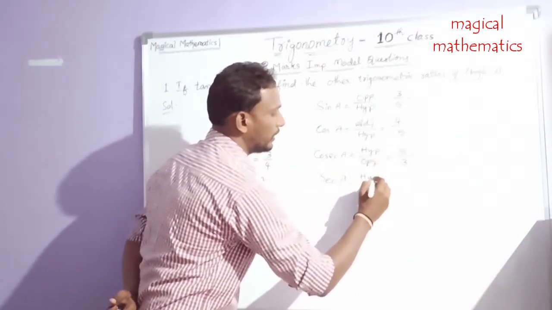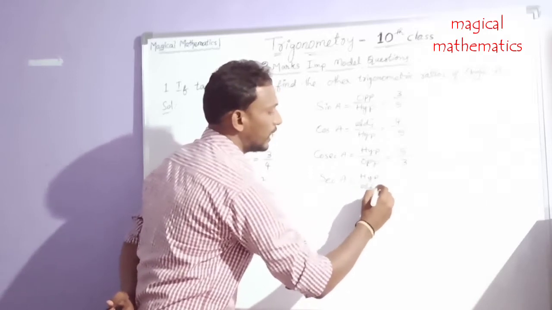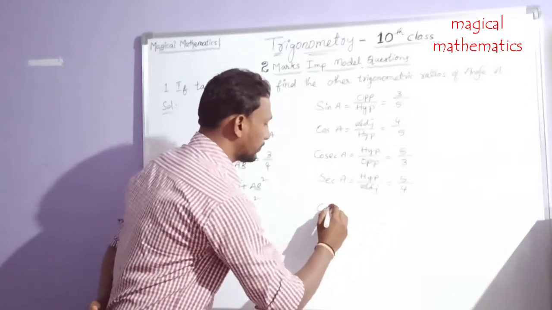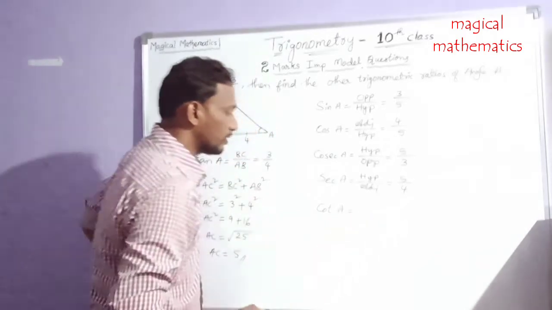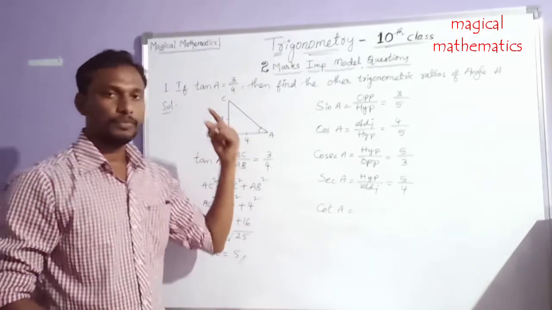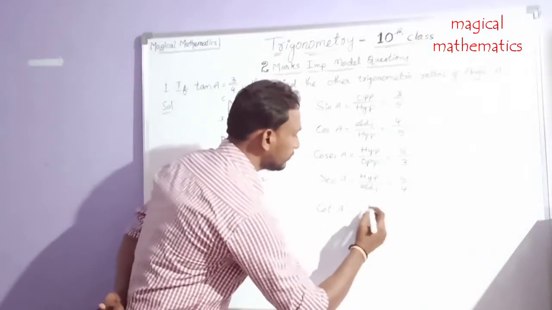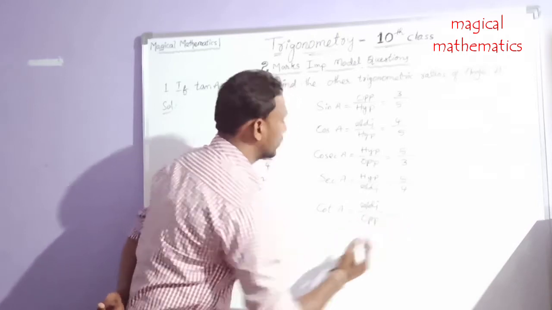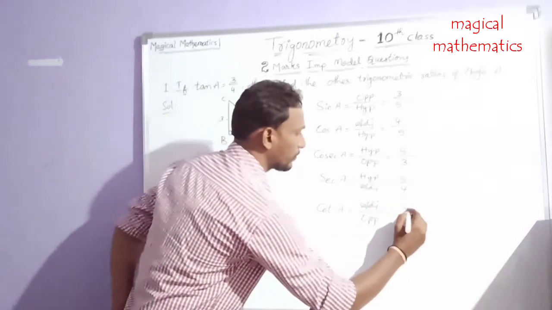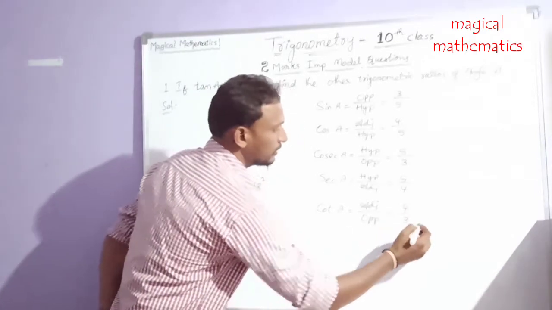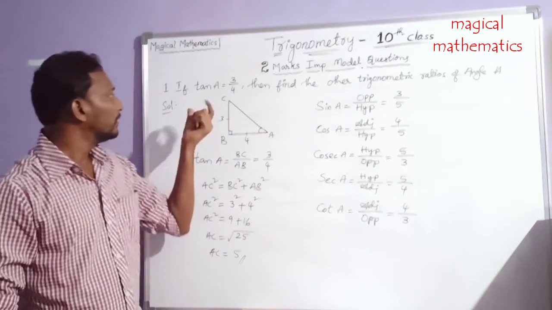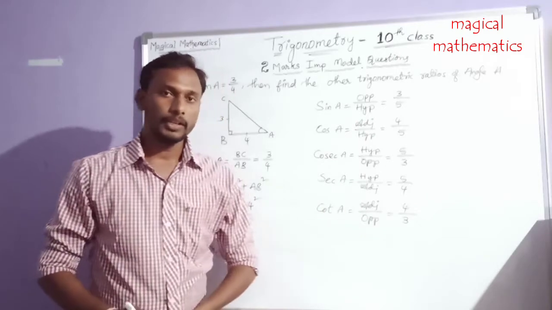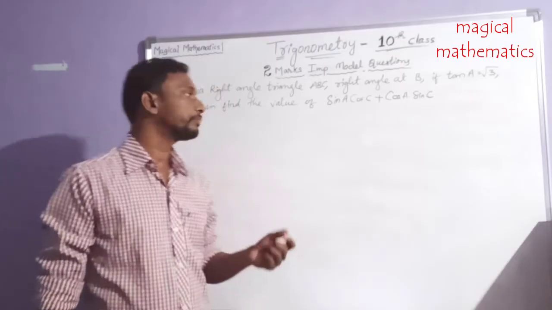Otherwise, the ratio between hypotenuse and adjacent side, that is 5 by 4, right? The last remaining ratio is cot A. Cot A is the reciprocal of tan, or otherwise adjacent side by opposite side. So adjacent side is 4 and opposite side is 3. So when tan A is 3 by 4, these are the values of all the remaining trigonometric ratios.